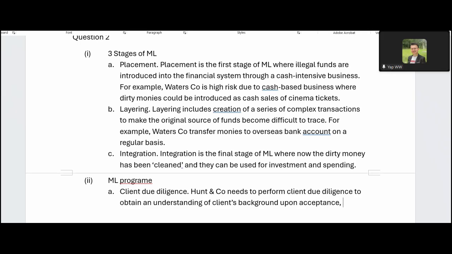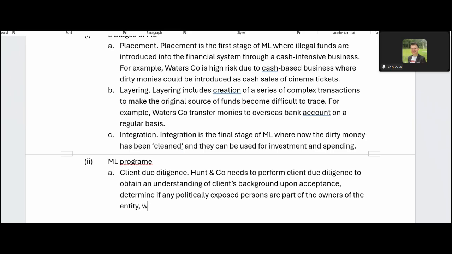To illustrate a bit more, you are going to talk about politically exposed persons. Determine if any politically exposed persons are part of the owners of the entity, which may indicate higher money laundering risk. Okay, that's for client due diligence.